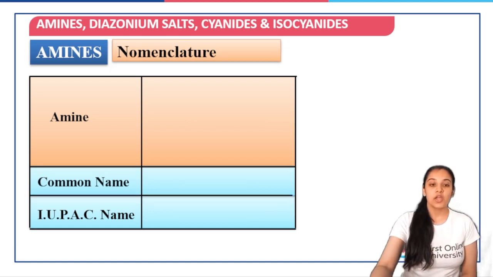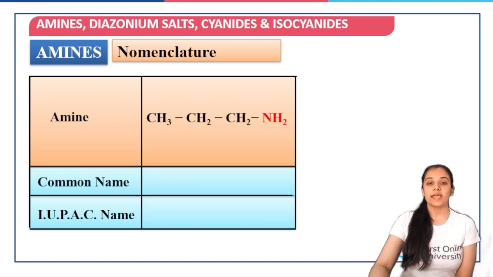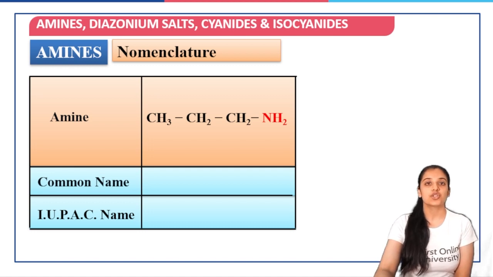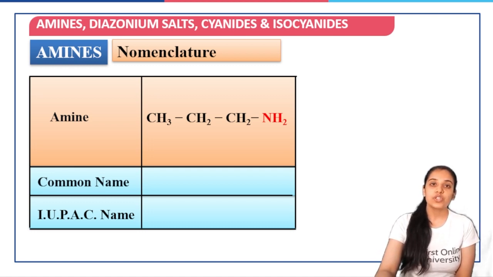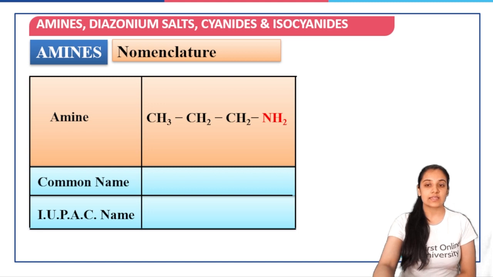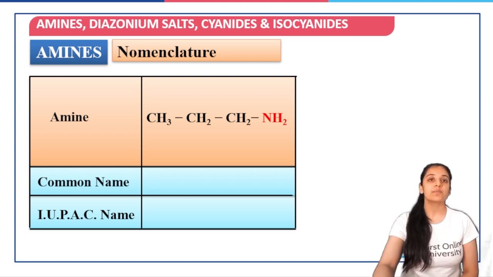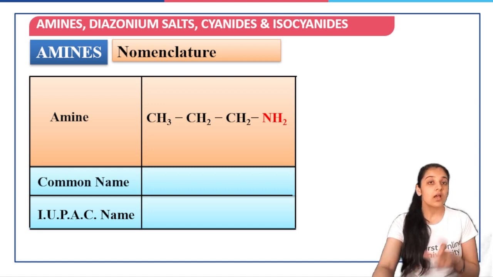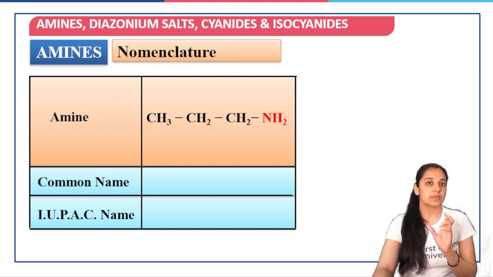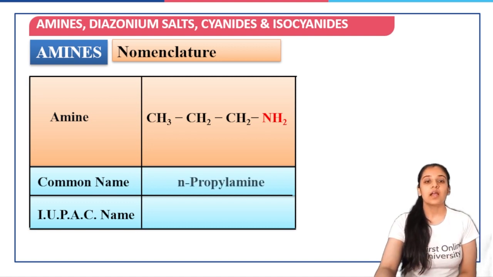So the next compound is CH3CH2CH2NH2. Again, the root name is going to come from the alkane series, and since there are 3 carbon atoms, it is going to be propane, with E being replaced by amine. So propanamine is going to be the IUPAC name, and propylamine, n-propylamine, is the common name.